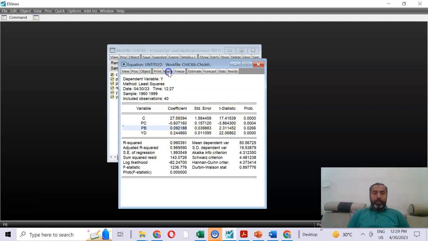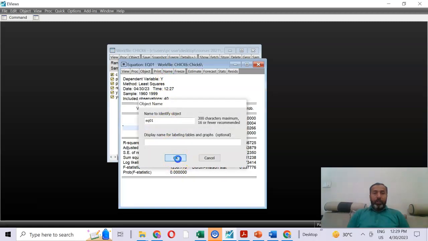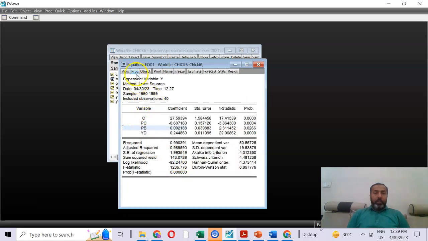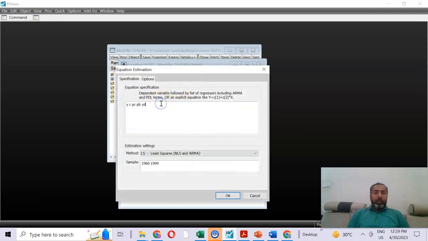So let's name this equation equation 1, and estimate the equation again here. Now we will drop the price of beef variable, and we have only two independent variables in this equation, price of chicken and disposable income.